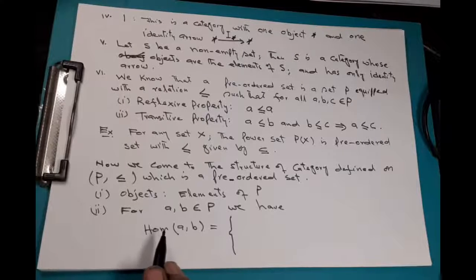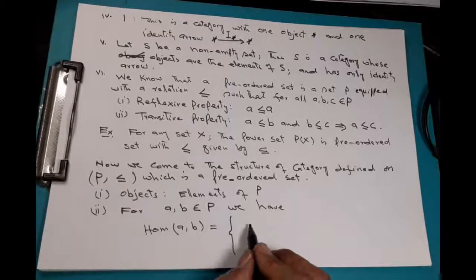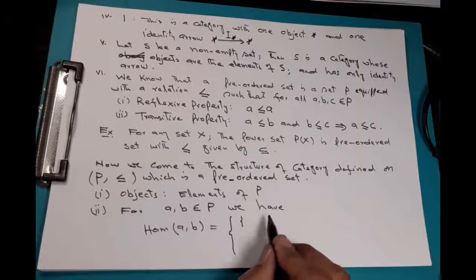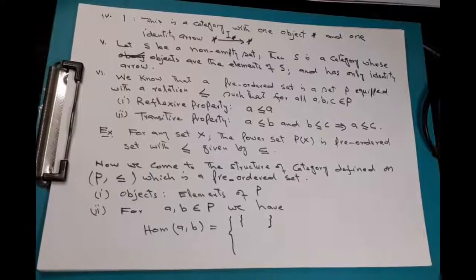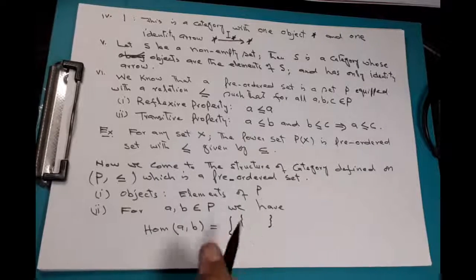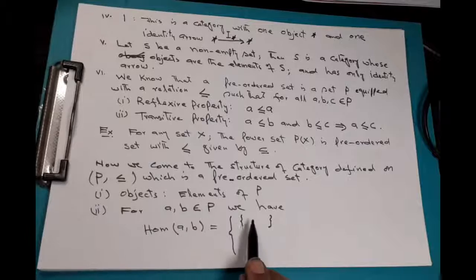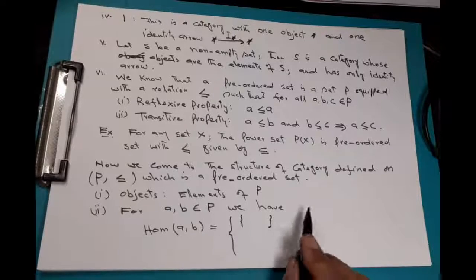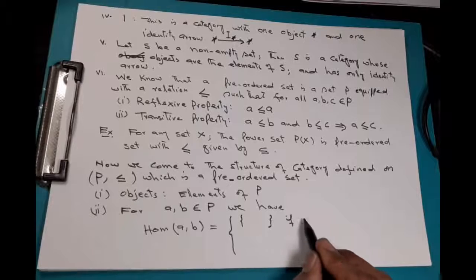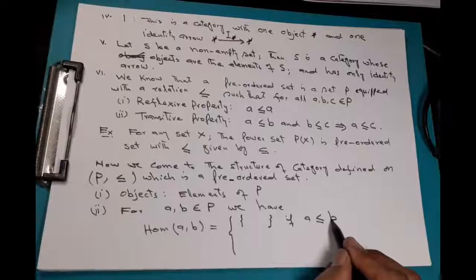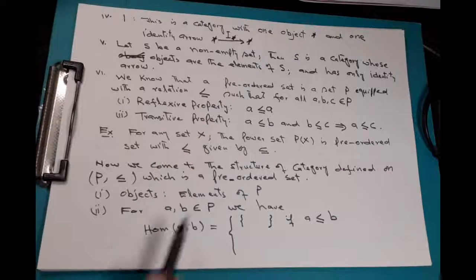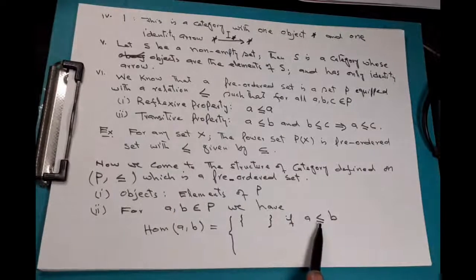So hom(A, B) will contain one element. What that element is going to be, I will write it very soon. So hom(A, B) contains one element if A is contained in B, if A is related with B. We use this particular symbol for related.